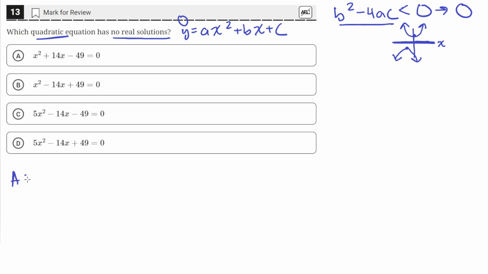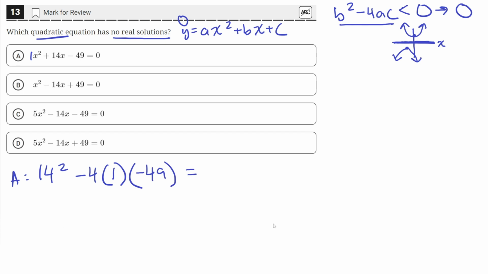So for answer choice A, the discriminant is b squared minus 4ac. So b is 14, so 14 squared minus 4 times a, which is 1, since there's just a 1 coefficient, and c, which is negative 49.